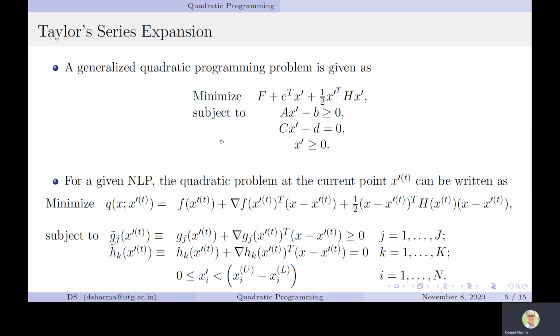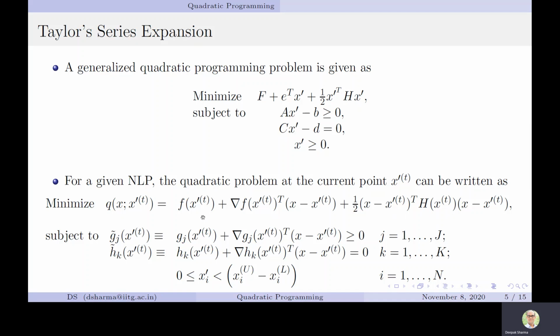For a given NLP, the quadratic problem at a current point, say x prime t, can be written as follows. We can use Taylor series expansion, and the function f can be approximated in a quadratic form using the Taylor series expansion up to two terms.